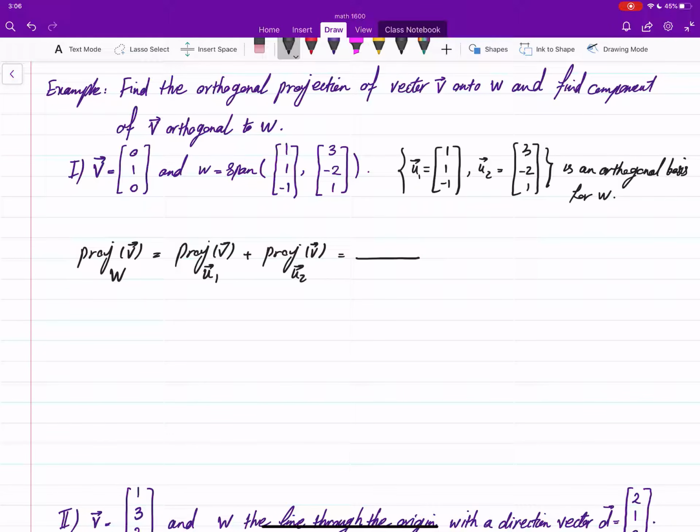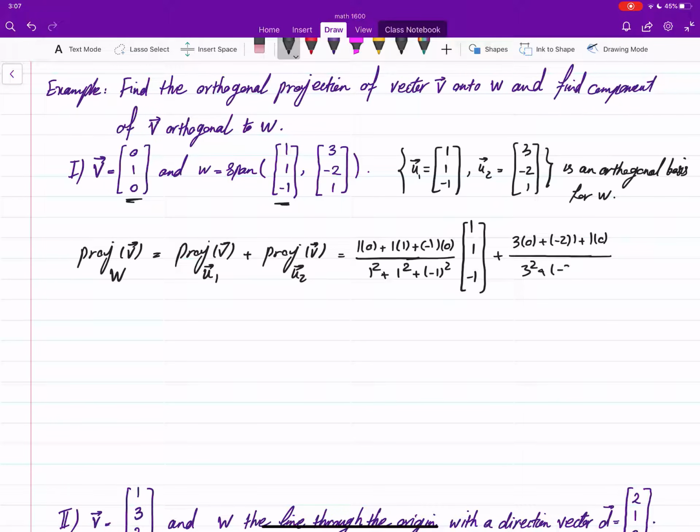We know the dot product v and U1: 1 times 0 plus 1 times 1 plus negative 1 times 0, over 1 squared plus 1 squared plus negative 1 squared, dot U1, plus U2 dot v: 3 times 0 plus negative 2 times 1 plus 1 times 0, over 3 squared plus negative 2 squared plus 1 squared, dot U2, 3, negative 2, 1. So we have to do these simplifications.